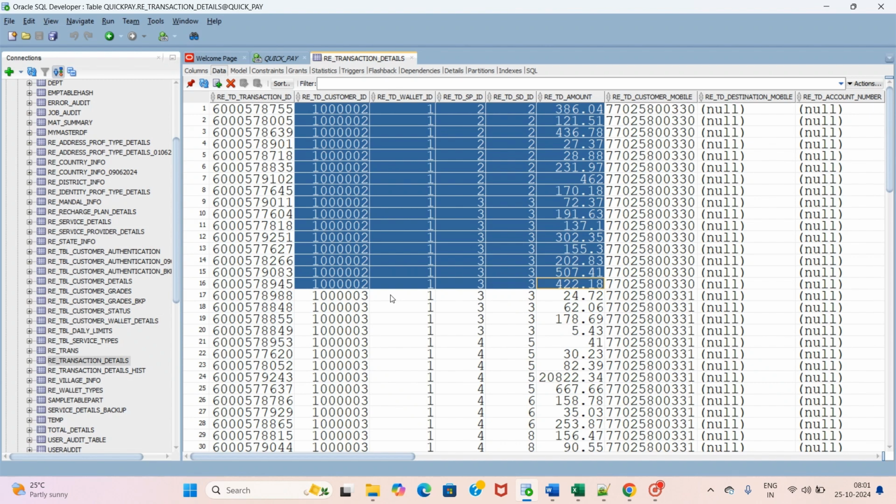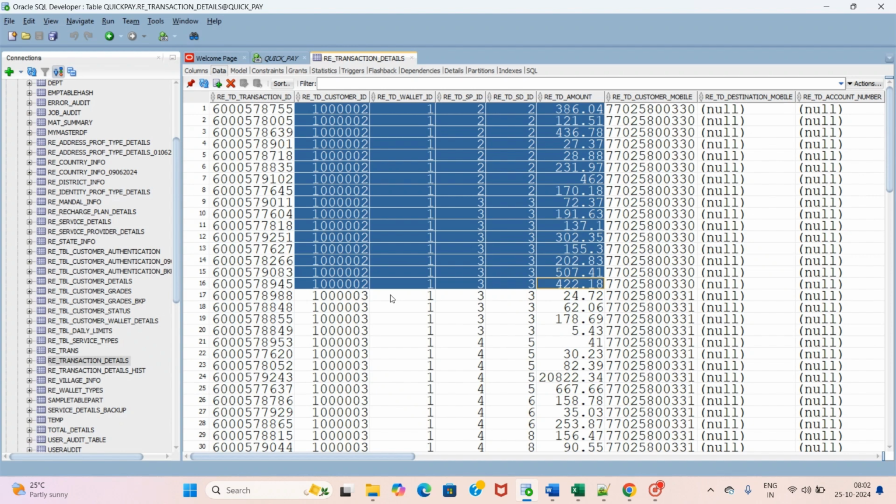Can one customer utilize many services, right or wrong? The service can be utilized by one customer or many customers. The same customer, the same service, the same amount can be done one time or many times.